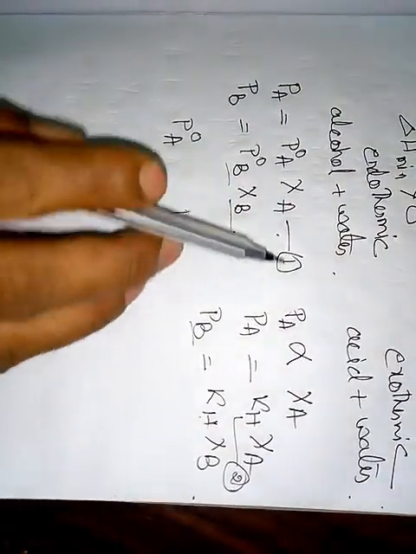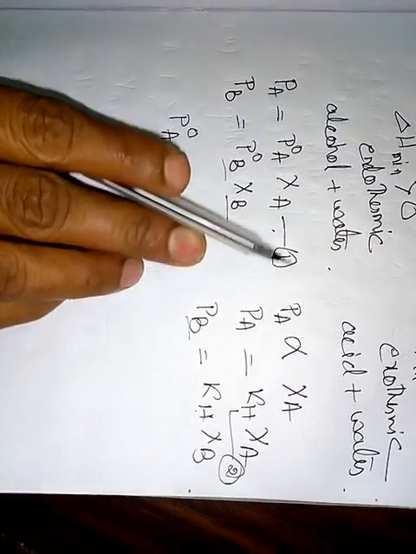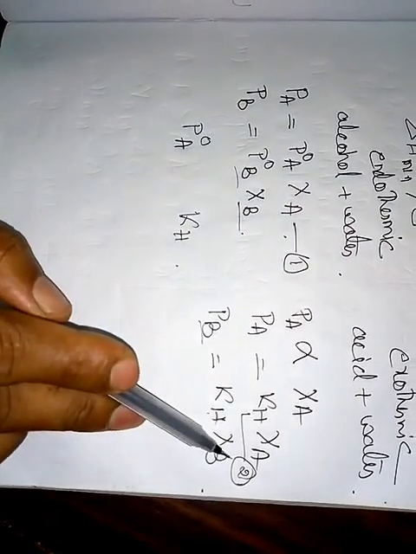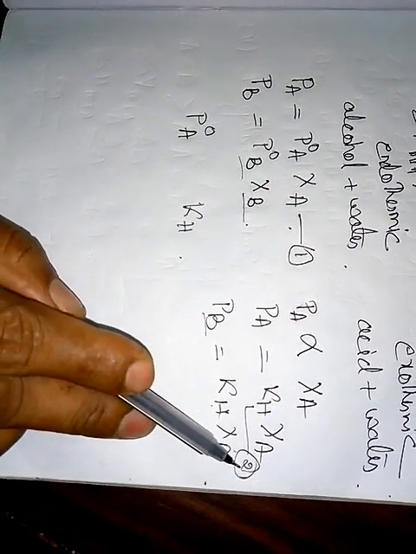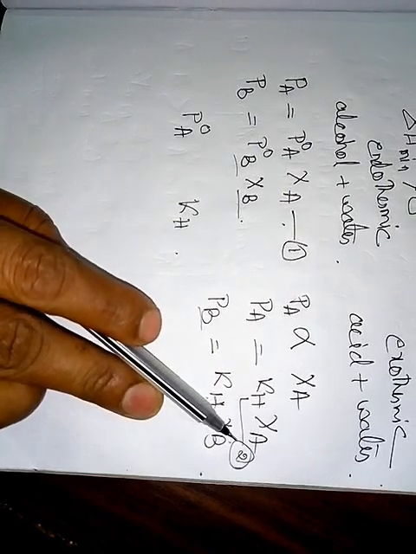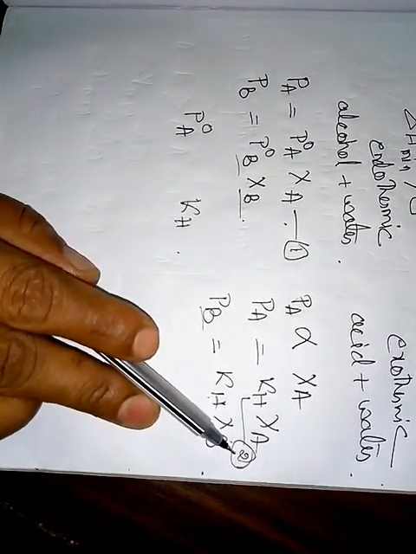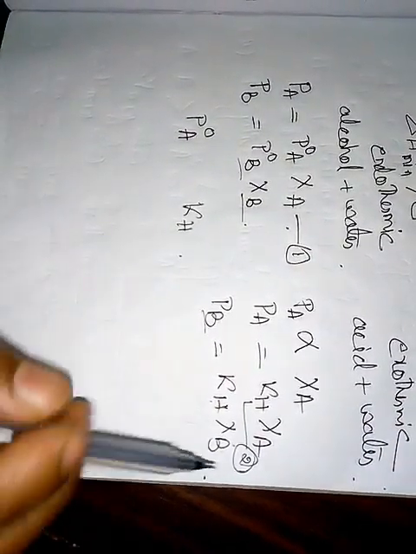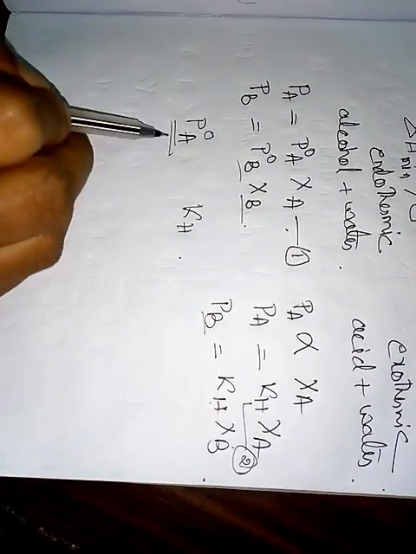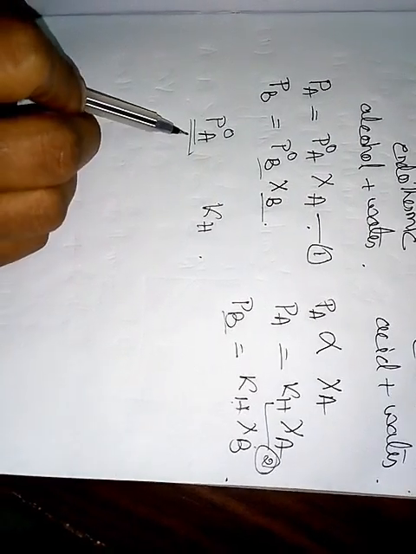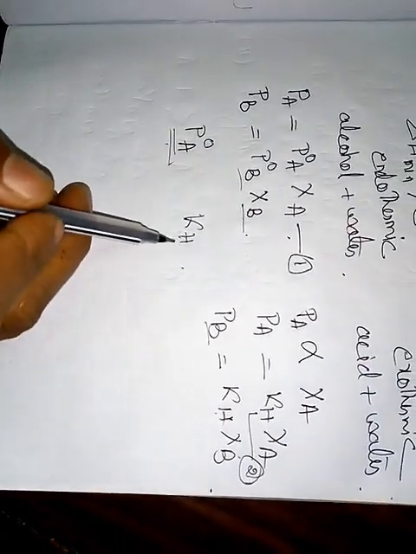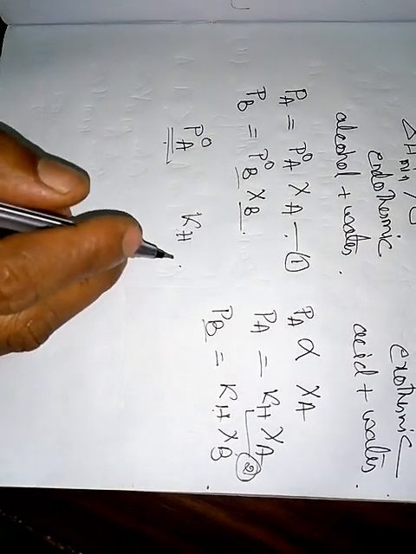The only difference between Raoult's law applied to liquid components and Henry's law applied to gas in liquid is that here the constant is P naught A, that is the partial pressure of pure component A. Here it is the Henry's law constant, that is Kh.